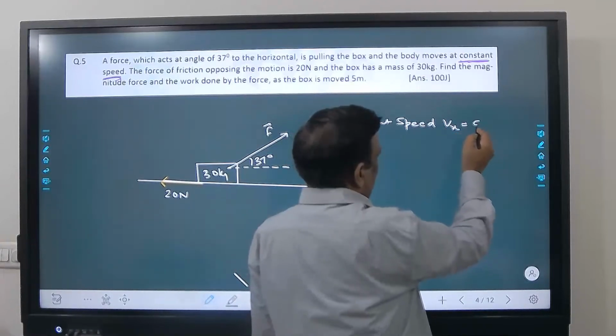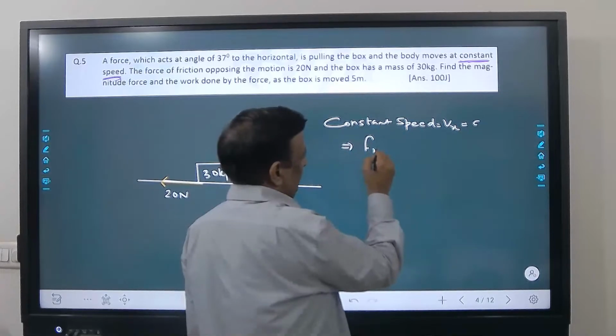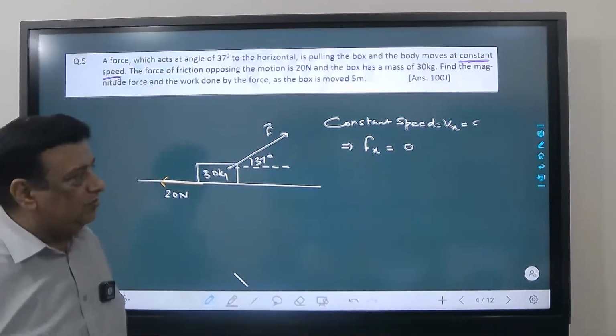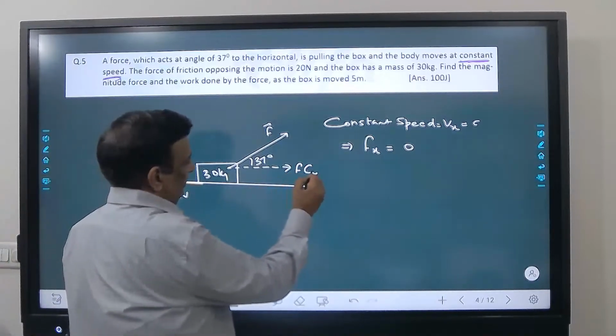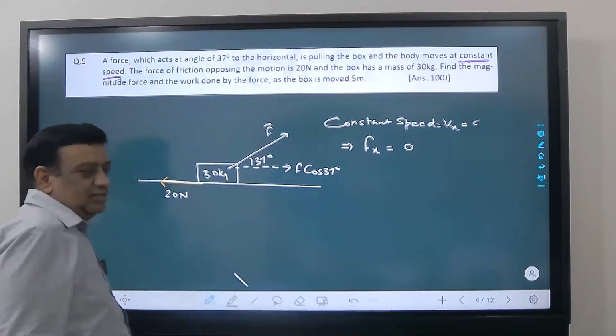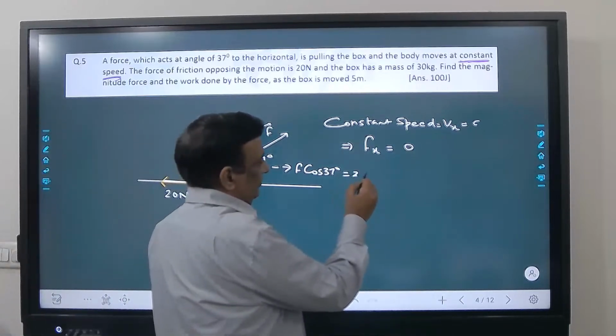Horizontal direction में जो speed है वो constant है, implies net horizontal force is zero. अगर ये 20 न्यूटन है means this is also 20. Because अगर this is F तो its component is F cos 37. We are given this is 20 Newton.